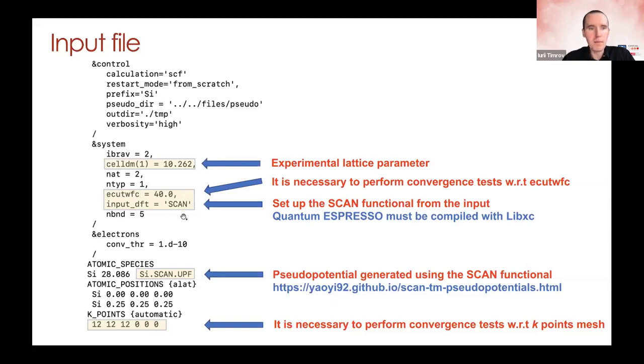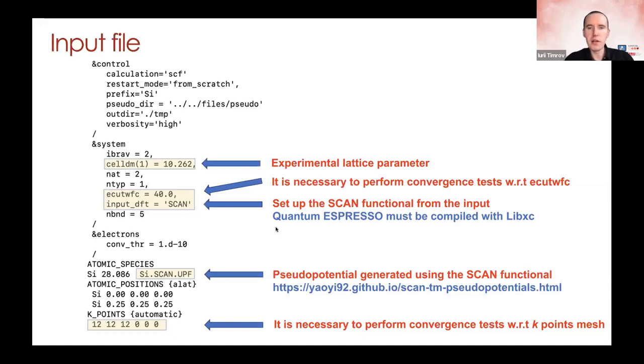Then we put the keyword input_dft equals scan to tell the code that we want to perform DFT using the SCAN functional. To do so, we need to use Libxc, which is the external library of exchange-correlation functionals. In Quantum Mobile, we installed Quantum ESPRESSO linked to Libxc.